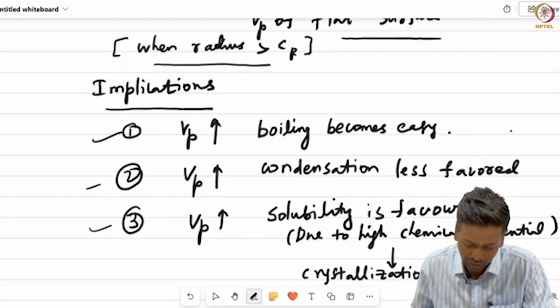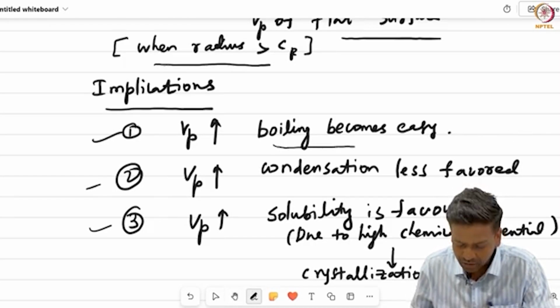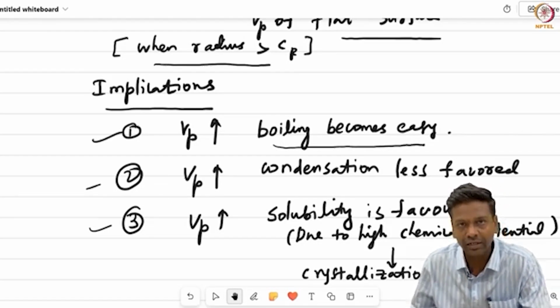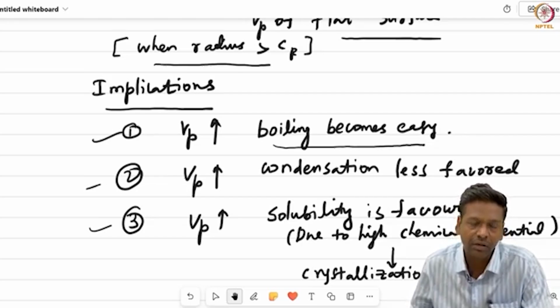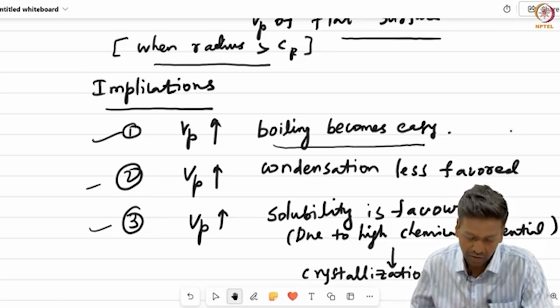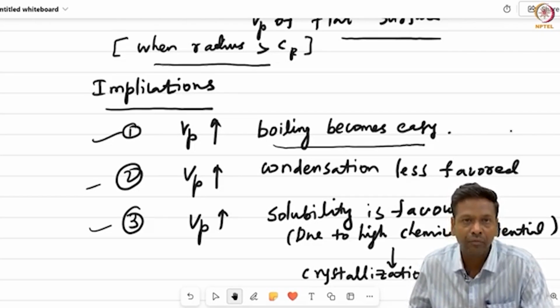So as the vapor pressure of the bubble goes up, boiling becomes easier, which means that the kinetics of boiling, or evaporation, can be improved if the bubble size goes down, which means that vapor pressure goes up. As the bubble size goes down, vapor pressure goes up, which can easily overcome the atmospheric pressure.